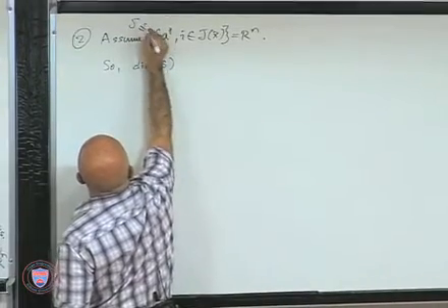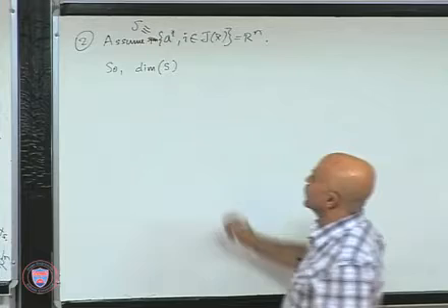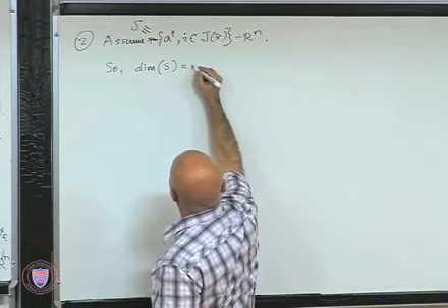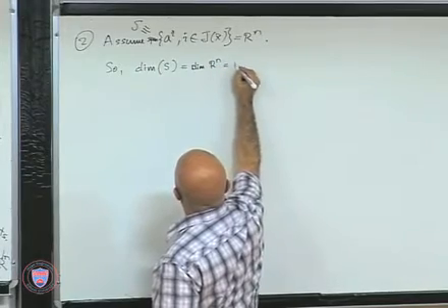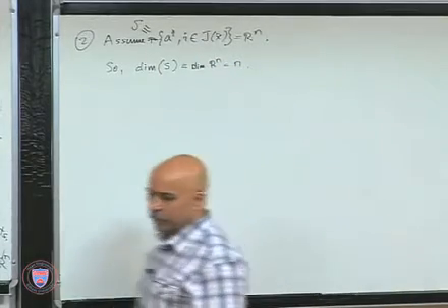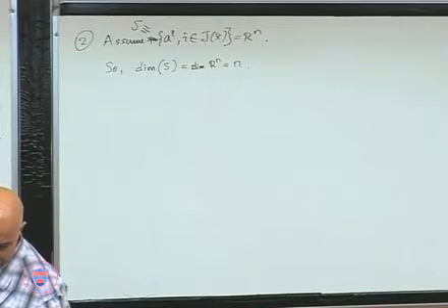Let's just call this set S. I don't want to keep writing it all the time. So the dimension of the span is equal to the dimension of Rn, which is obviously n. And theorem 1, part A, implies what I just told you.